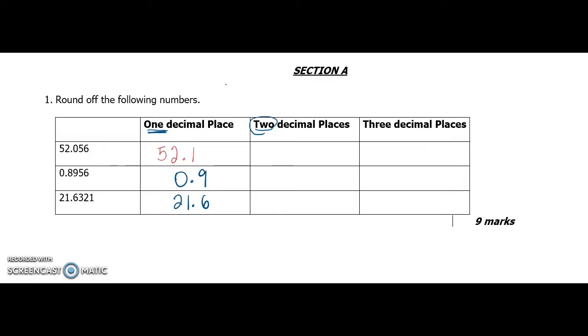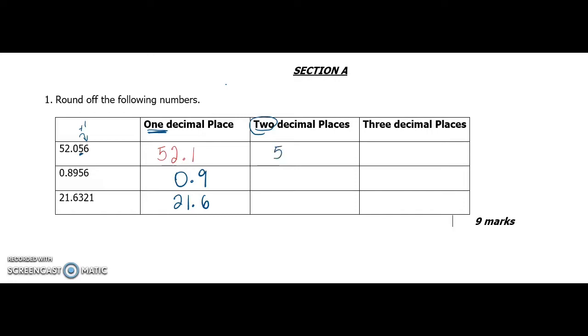So here we have 52.056. The second number after the decimal point is 5, so my target number is 5, and when I look to the right of 5, I see 6. So I'm going to add 1 to the 5 and I'm going to get 6.